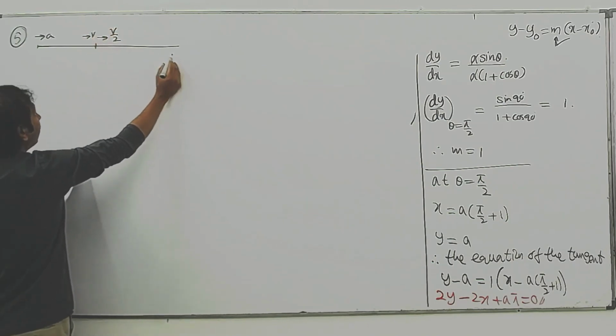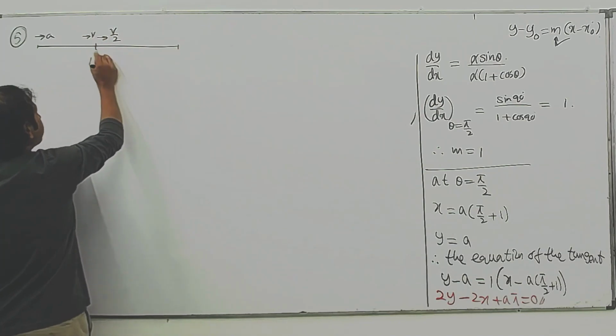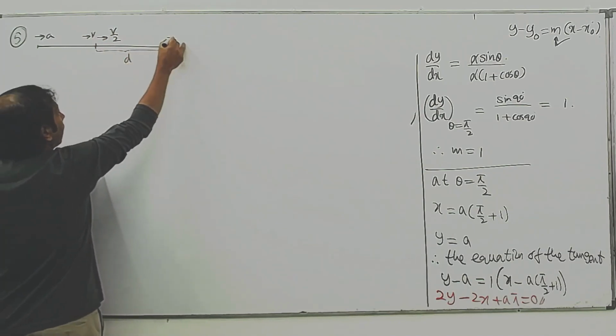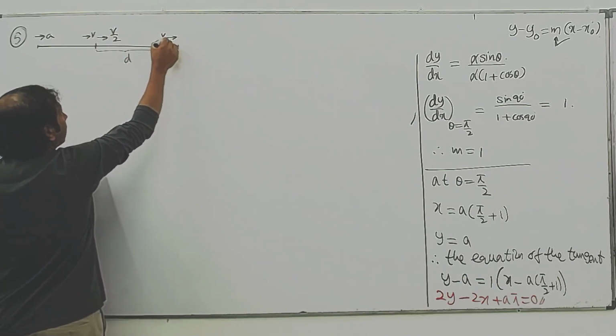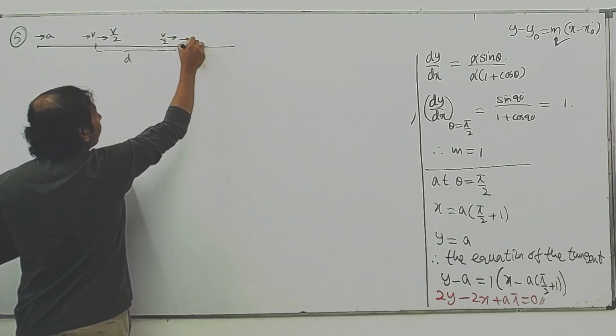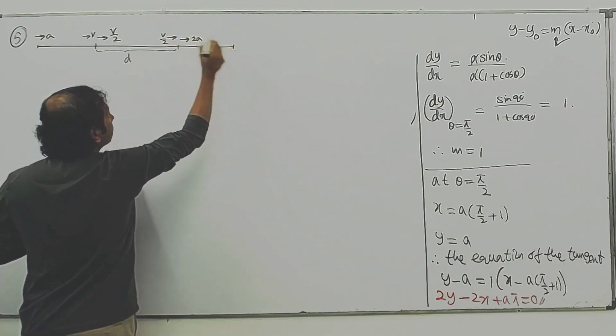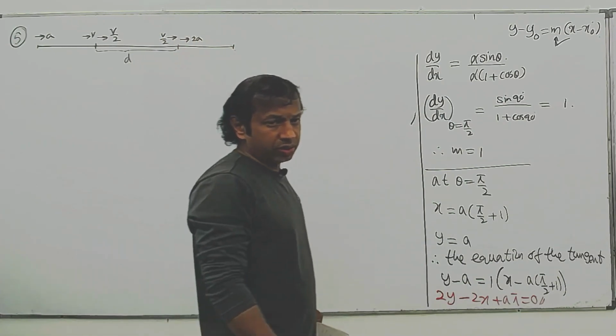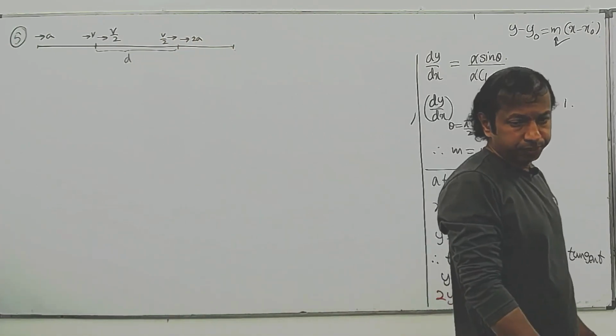With this velocity v by 2, it moves a distance d. After that, it begins with retardation 2a and comes to rest. This is the story given to us.